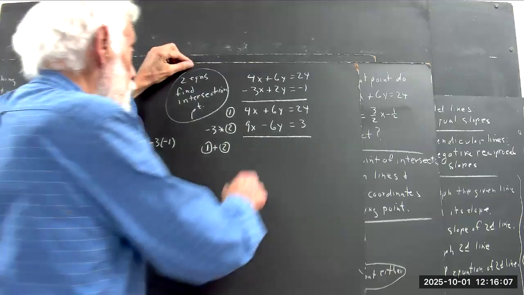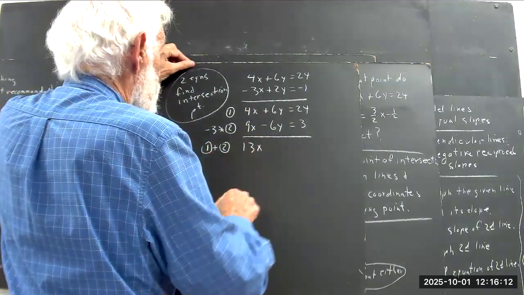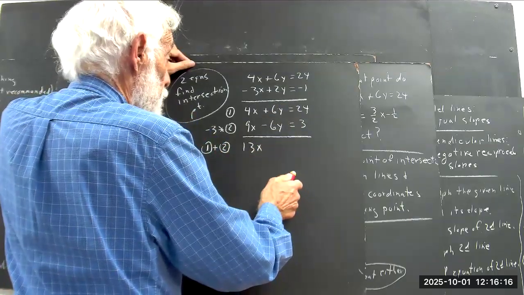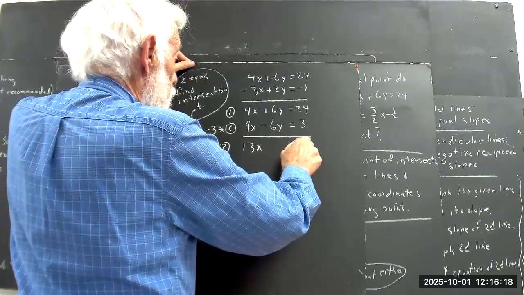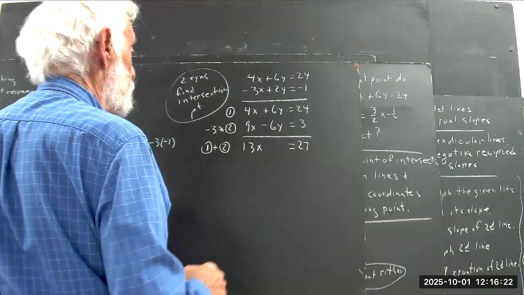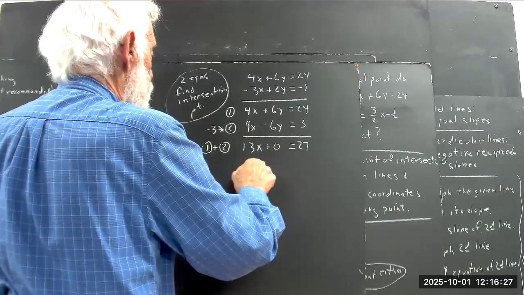Well, if I add them, I can add 4x to 9x. That gives me 13x. 6y minus 6y gives me 0. 24 and 3 is 27. And I'll go ahead and put plus 0 in here.